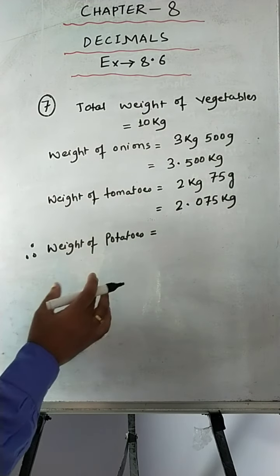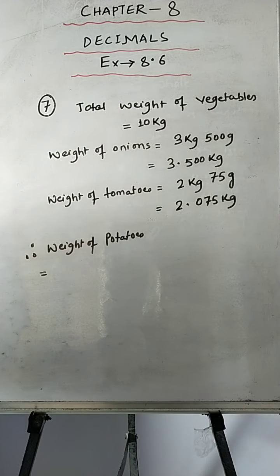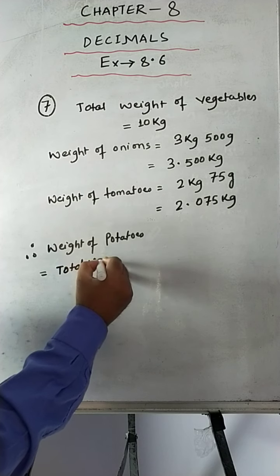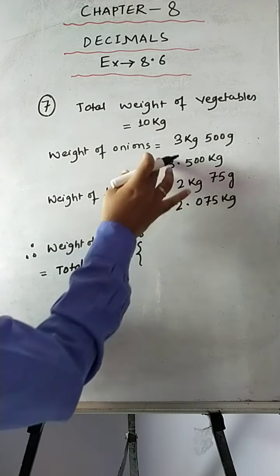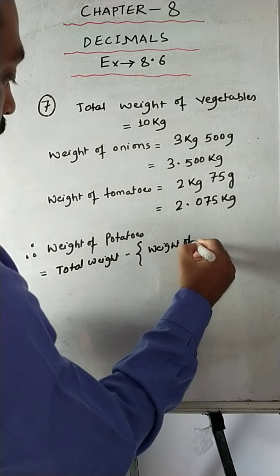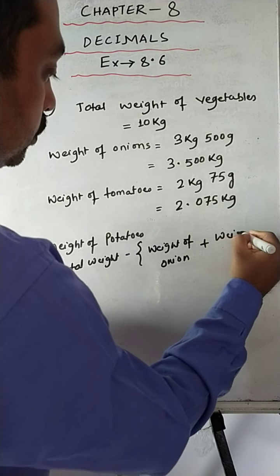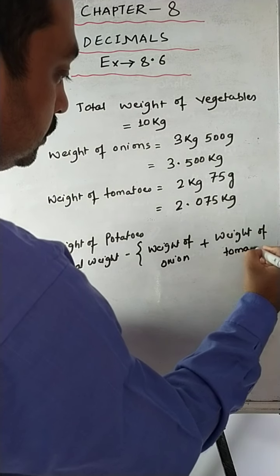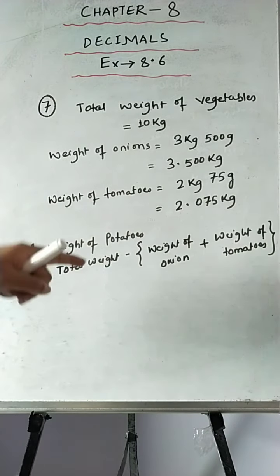So weight of the potatoes can be found out like this, that is total weight. From total weight, what you have to subtract? You have to subtract the sum of these two, that is weight of onion plus weight of tomatoes. Okay, this is how you can find out the weight of potato.